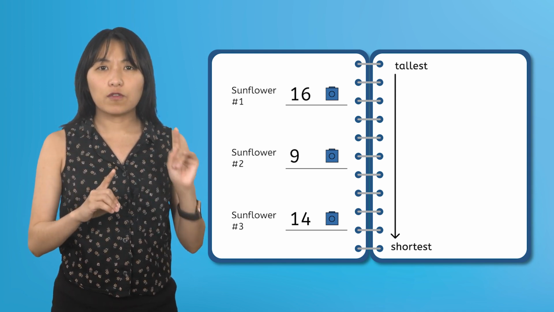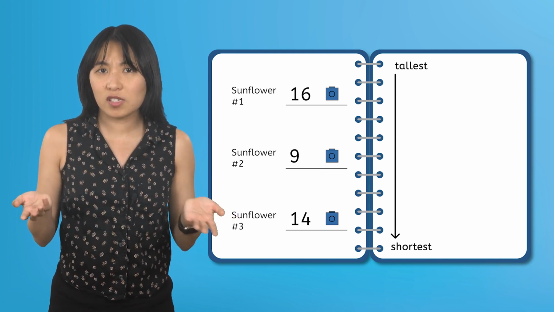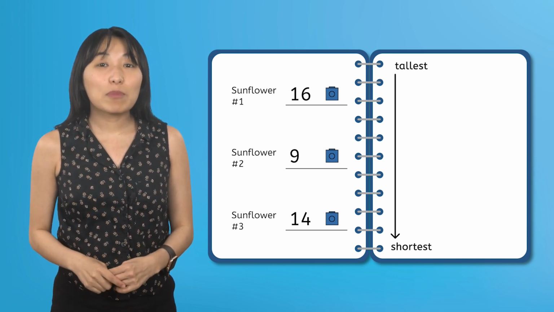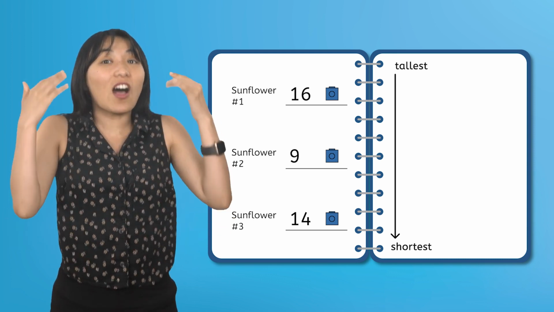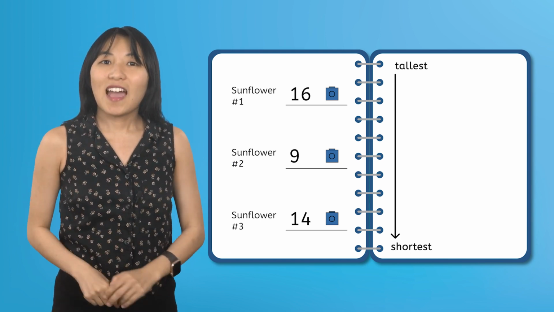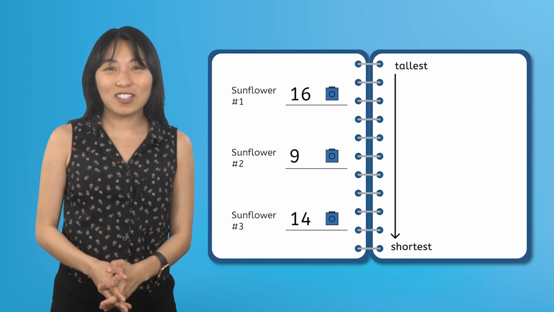16, 9, and 14. How can we use those numbers to find the tallest sunflower? We know that the more snap cubes we add to a tower, the taller the tower will be. So that must mean that the biggest number belongs to the tallest sunflower.